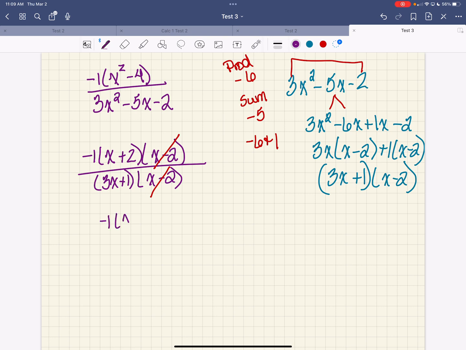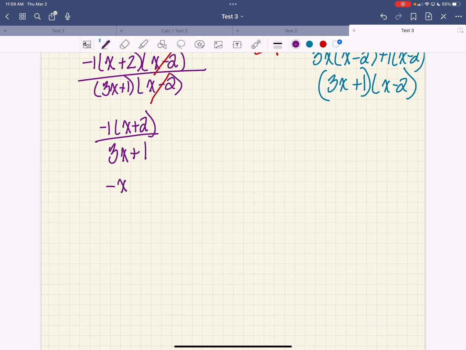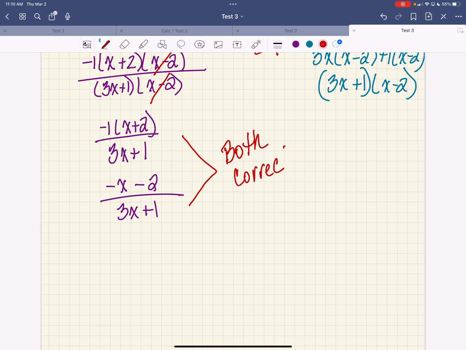Negative 1 times x plus 2 over 3x plus 1 is correct. That's 100% correct right there. However, if you distributed the negative 1, that would be okay. Okay? So either one of these answers is 100% correct. Both are correct.